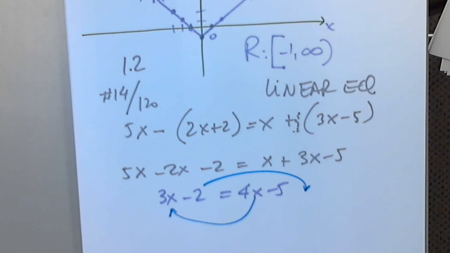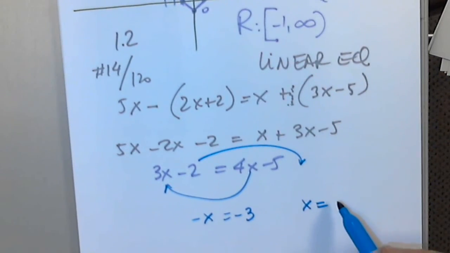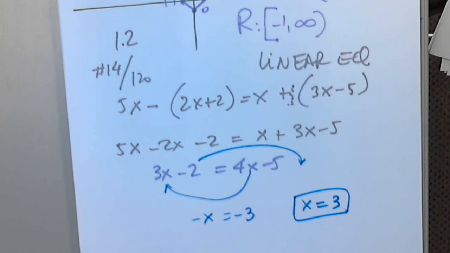I recommend this method. When I move 4x to this side, I have 3x minus 4x. When I move a term from one side to the other, it changes its sign. It was positive, it becomes negative here. 3x minus 4x is negative x. When I move this term that was negative from one side to the other, it becomes positive. So negative 5 plus 2 equals negative 3. Final step, x equals 3. This is the method I recommend.